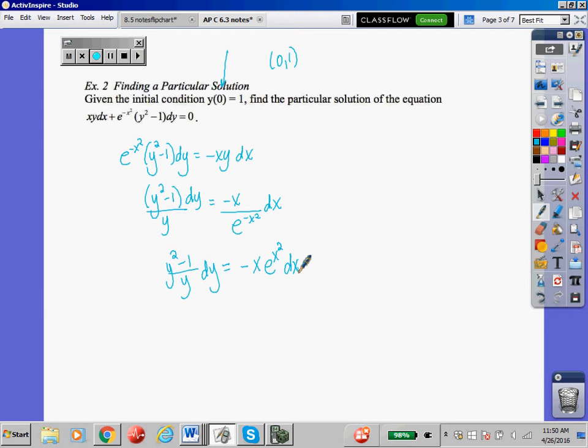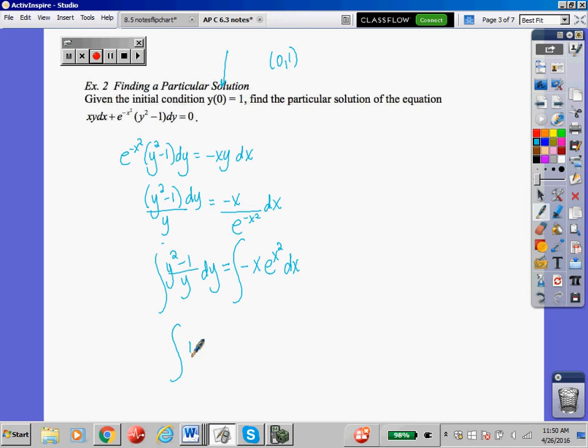All right, so one of the important parts of what we're doing is we're solving differential equations. A differential equation is an equation with a derivative. So you're trying to separate y dy is on one side, x dx is on the other. So now I'm ready to integrate.